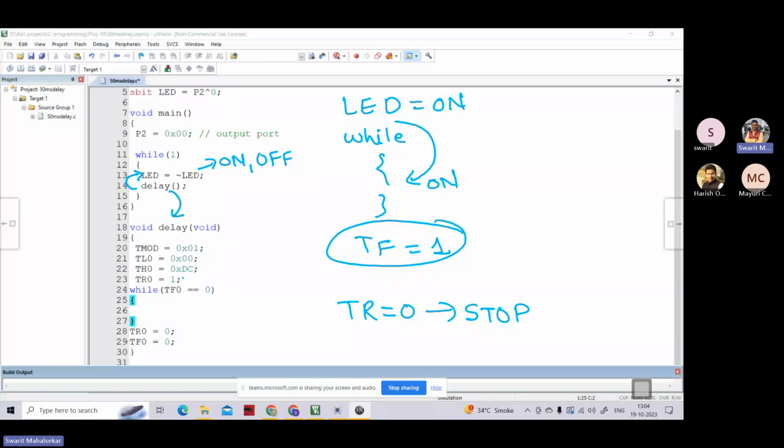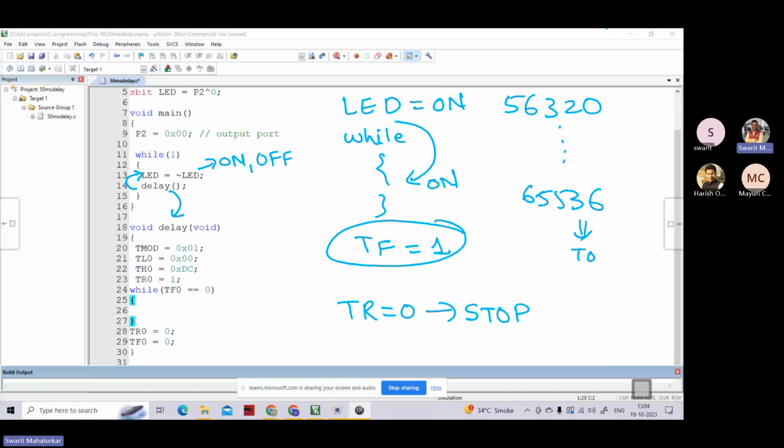The value was 56320, so it will be incrementing up till 65536. Once timer 0 reaches this value, my TF would be 1. Again, it will come out of the loop, and all of the things will happen again and again. So this is how we are going to generate a delay of 10 millisecond.